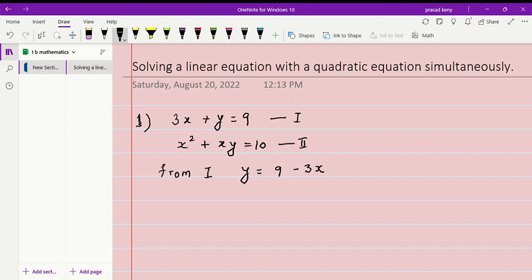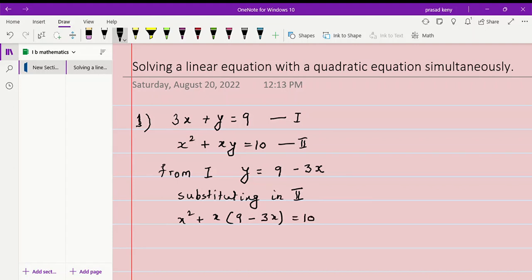So I will substitute this in equation 2 for y. I will get x square plus x into y, that is 9 minus 3x, is equal to 10.